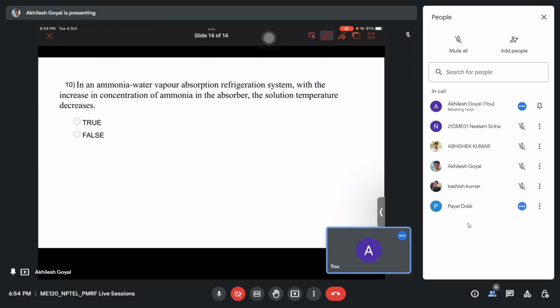Who answered? Payal. Sir, I got. Yeah. So Payal, why the solution temperature decreases? Any guesses? Because ammonia is a refrigerant for this case. Yeah, ammonia is refrigerant in this case, but with the increase of concentration of ammonia, why the solution temperature decreases?